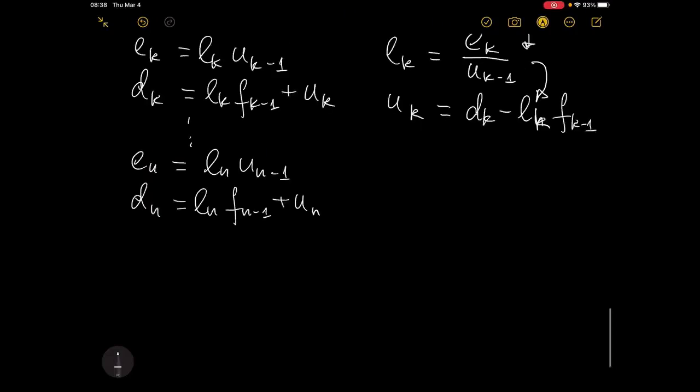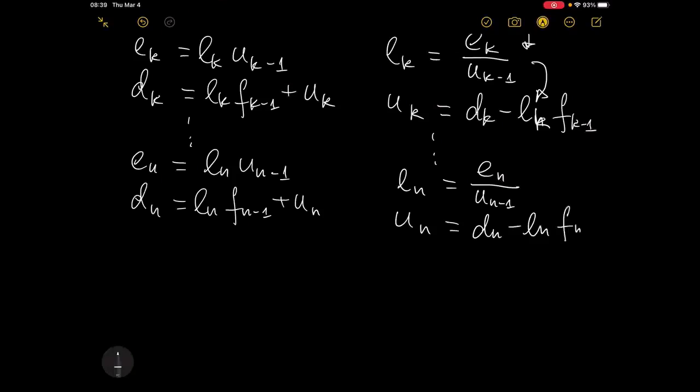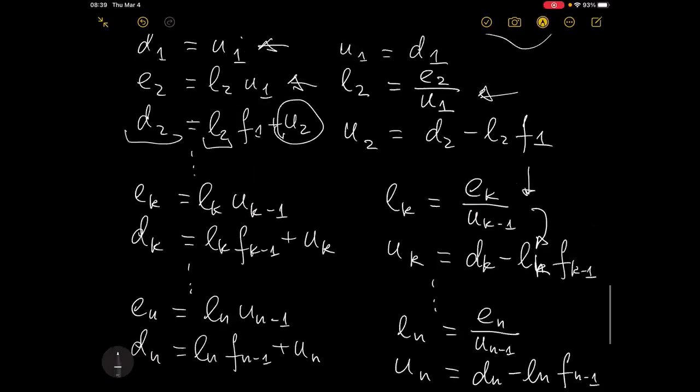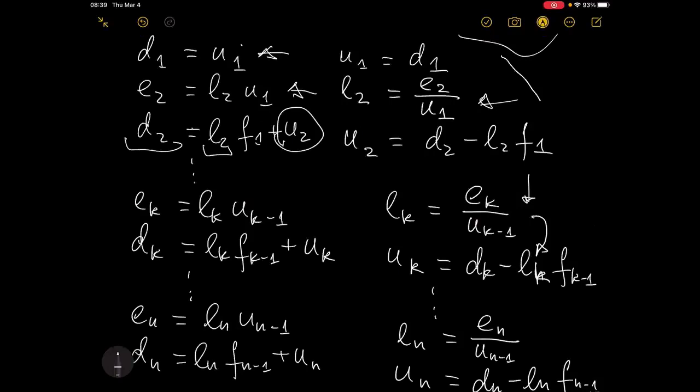And so on, till here we are getting that Ln is equal to En divided by Un minus 1, which we computed previously. And here, the last Un equals Dn minus Ln Fn minus 1. So essentially, you are starting from here and you are getting one by one all the coefficients.